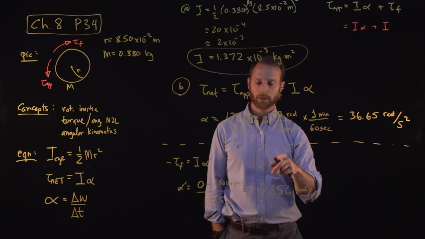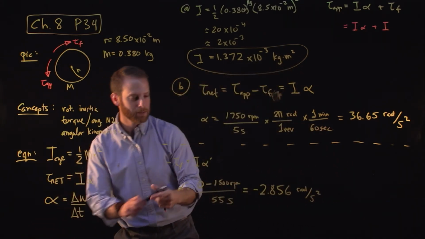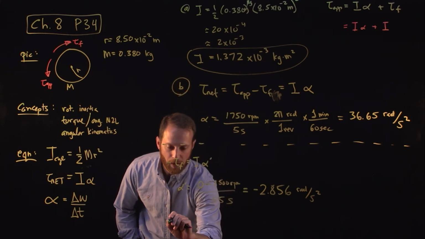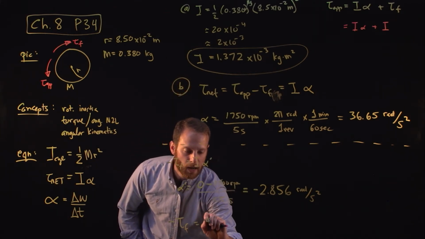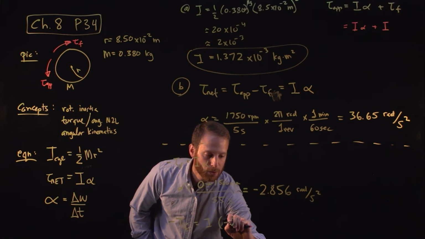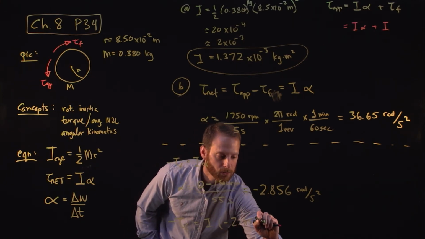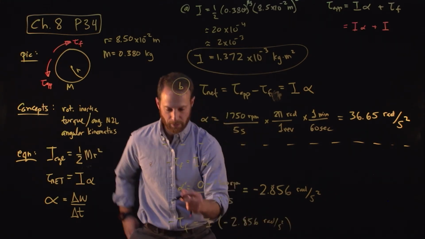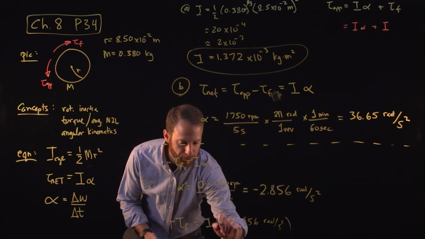Let me just back up 1 second and clean this up. Because this is the torque, we're going to get the torque now, minus the torque is equal to I times minus 2.856 radians per second squared, and the minus signs go away. Okay, I think that's the point that I wanted to illustrate to you.